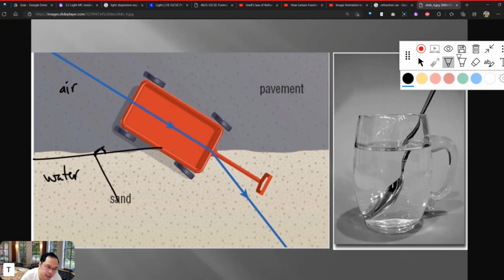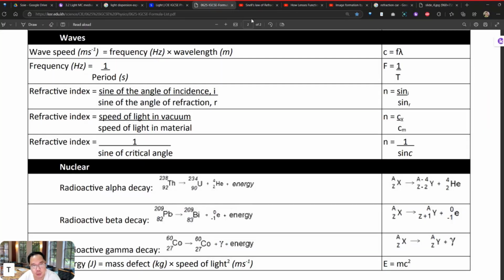The other rays are not slowed down yet, and therefore the wave changes direction. That's the refraction, similar to the refraction of a car.